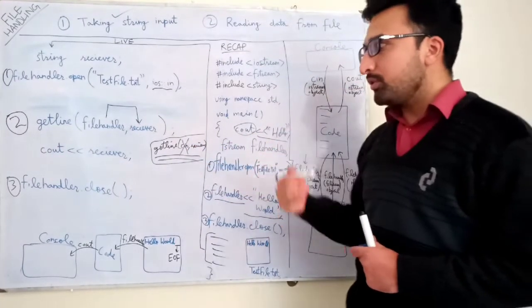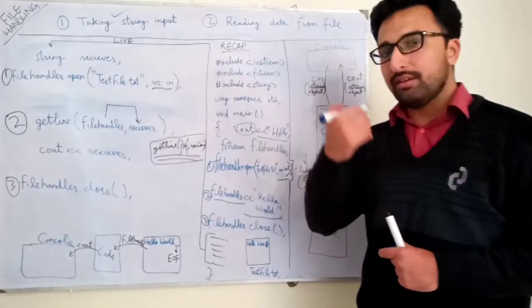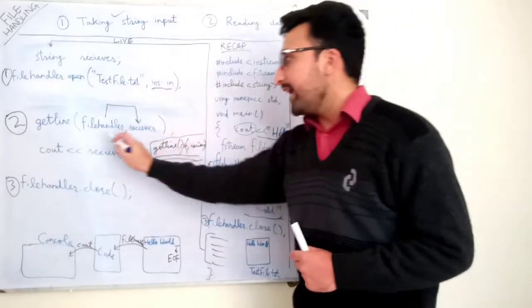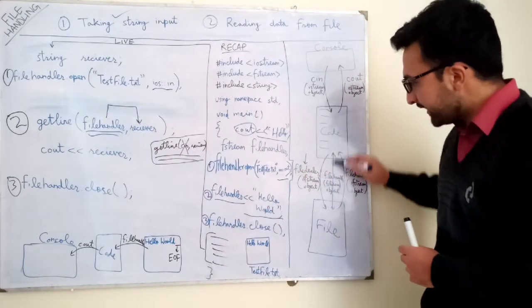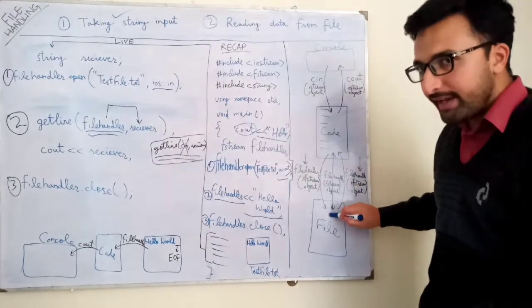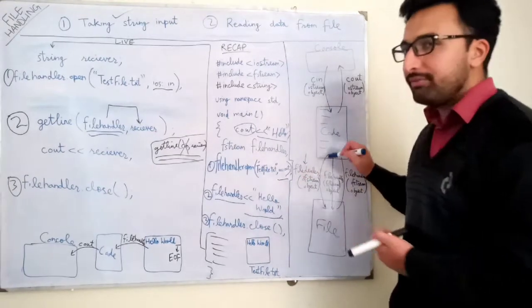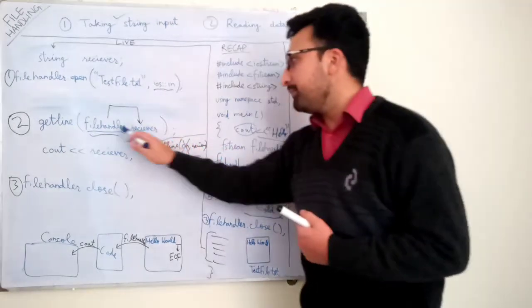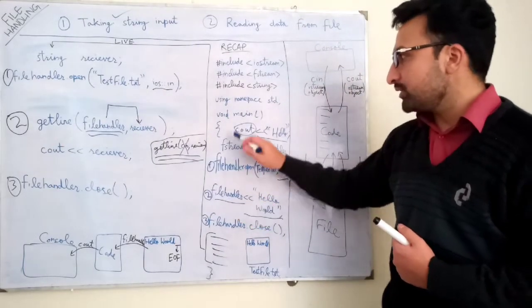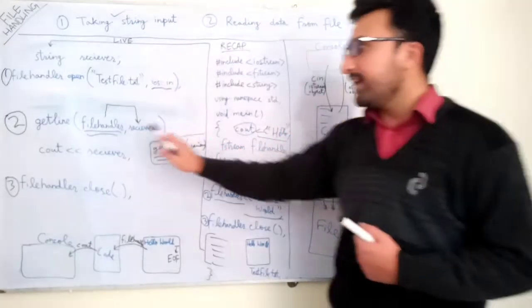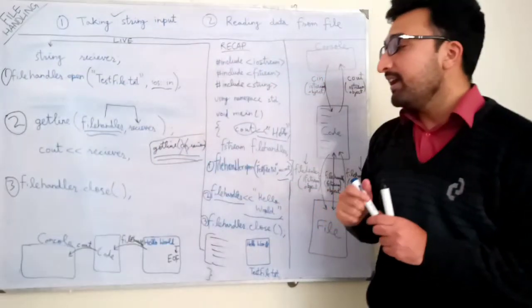We have to introduce an object that is capable of reading from the file, and that object is basically the file handler. File handler is the kind of object that can take the data to the file as well as bring the data from the file. So cin will be replaced by the object file handler. Just like file handler was replacing cout earlier, here file handler is replacing cin.